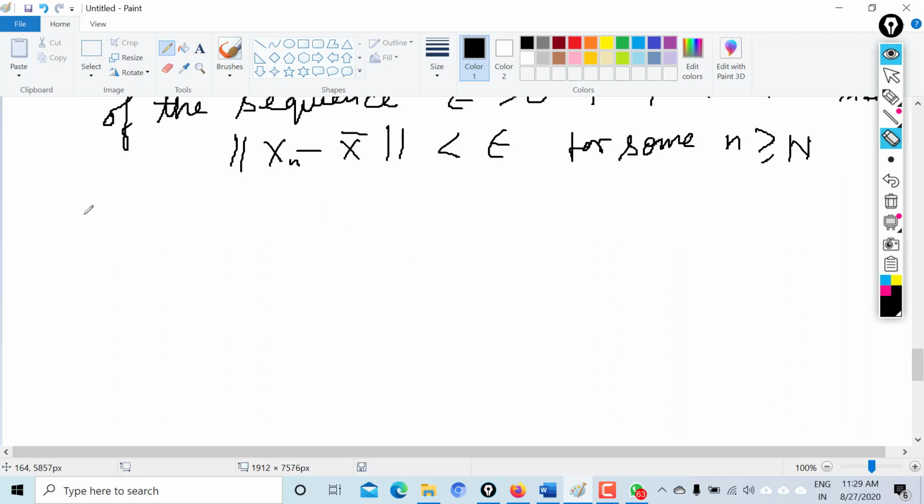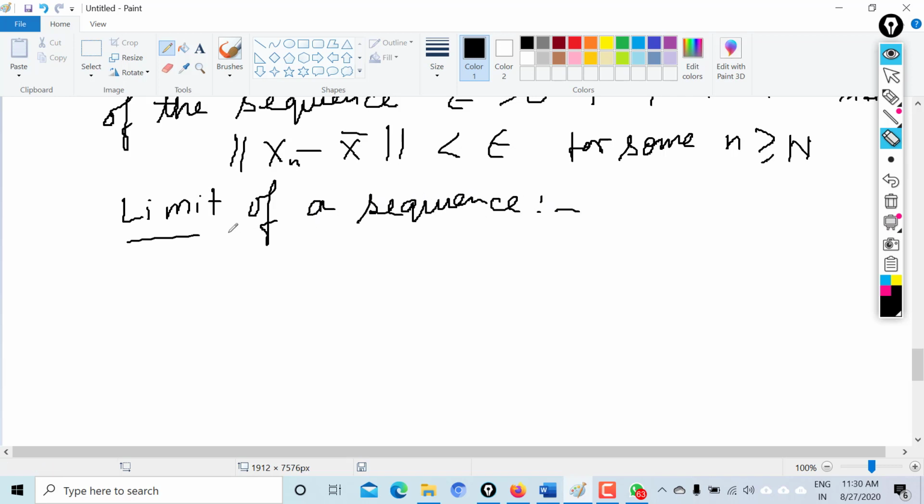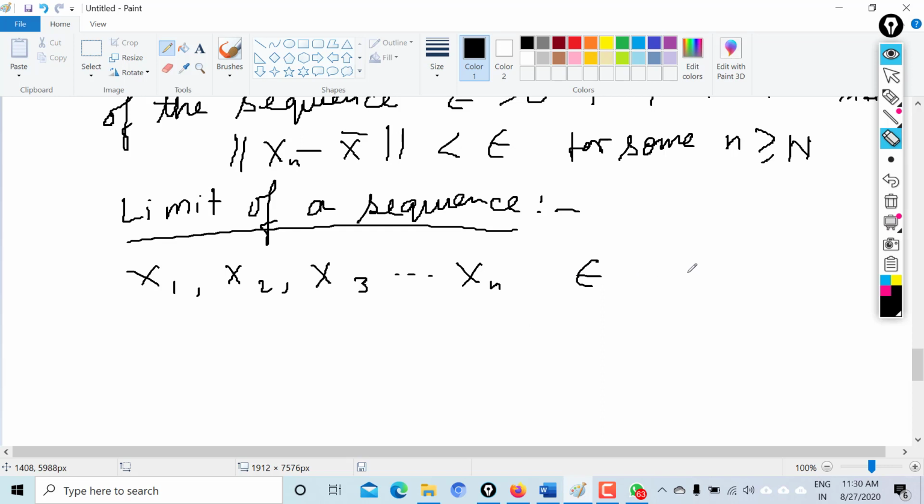Now, in the same manner, the limit of a sequence can also be defined. Suppose there are so many sequences x1, x2, x3 up to xn, and because these are sequences, they will be elements of the set of sequences R^n.